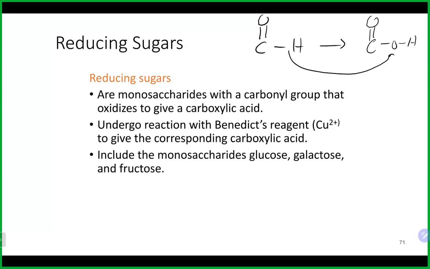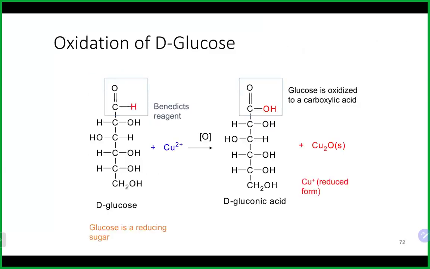Most sugars are reducing sugars, except sucrose is not a reducing sugar, but most of them are, because they're able to do that. And as you can see here, our glucose will oxidize, and it really is the exact same reaction we talked about in organic chemistry when we oxidize an aldehyde to a carboxylic acid, right?